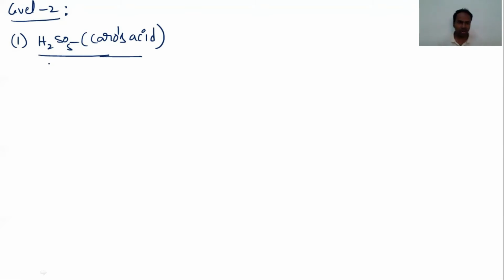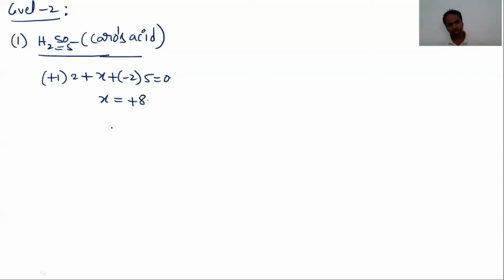First, the normal way to find the sulfur oxidation state. Hydrogen is +1, same as level 1, the same method I taught earlier: +1 into 2. Sulfur is X. Each oxygen is -2 into 5, is equal to 0. Then what is the sulfur oxidation state here? +8.